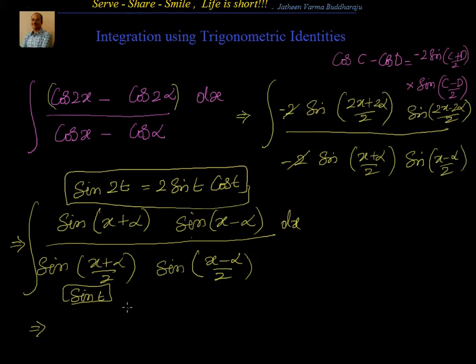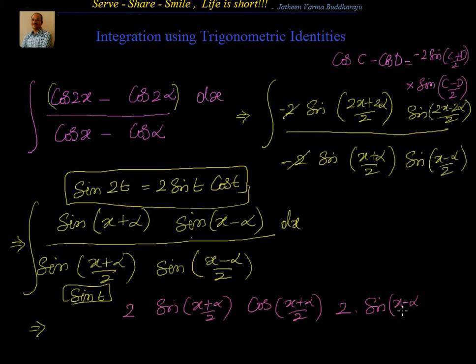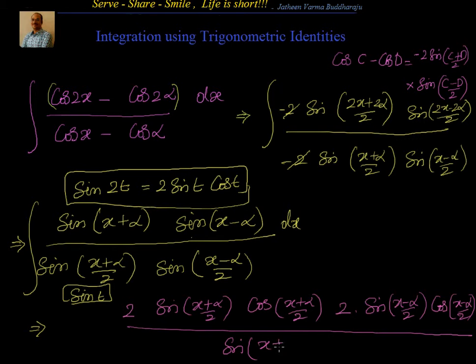Sine of x plus alpha is 2 sine x plus alpha by 2 cos x plus alpha by 2, and for sine of x minus alpha, 2 sine x minus alpha by 2 multiplied with cos of x minus alpha by 2, and this whole thing I'll be dividing with sine of x plus alpha by 2 multiplied with sine of x minus alpha by 2.